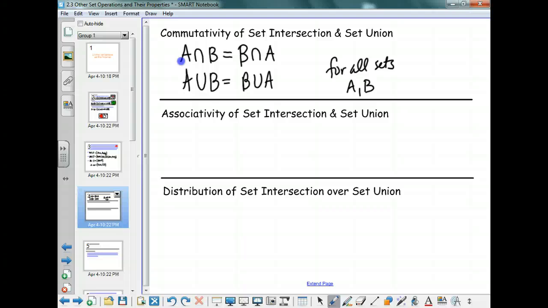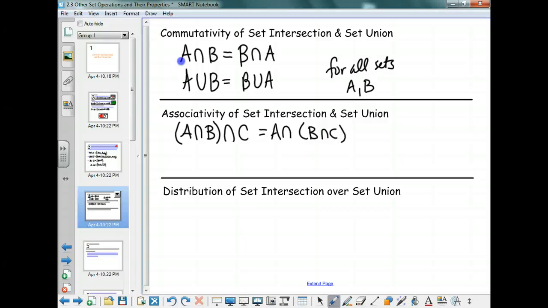It's about grouping. So if you're taking a look at this idea, and we'll do intersection first. If I do the intersection of A and B, and then I intersect it with set C, this is the same as intersecting B and C first, and intersecting with A on the outside afterwards. So the association, who we're grouping together, doesn't matter.